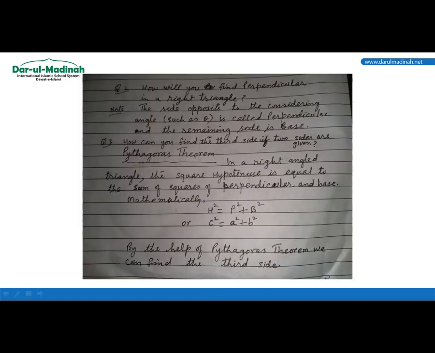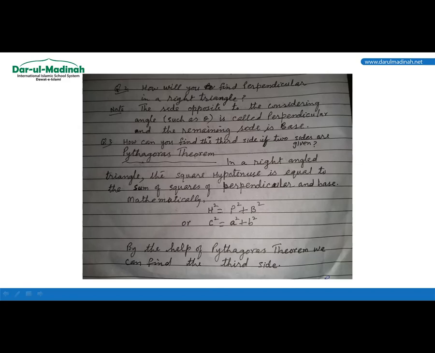So the mathematical form of Pythagoras theorem is c square is equal to a square plus b square. So if we know the perpendicular and base, we can find the hypotenuse.